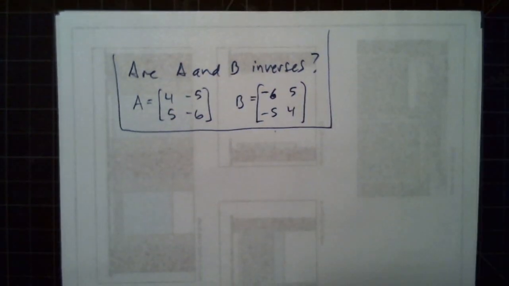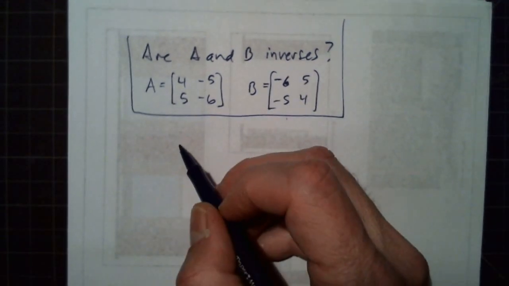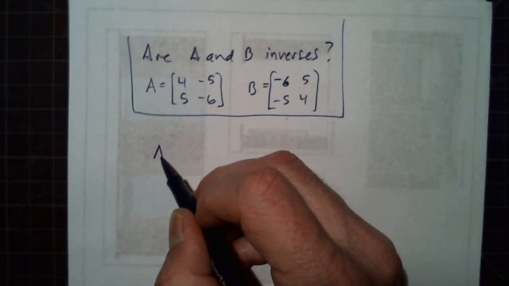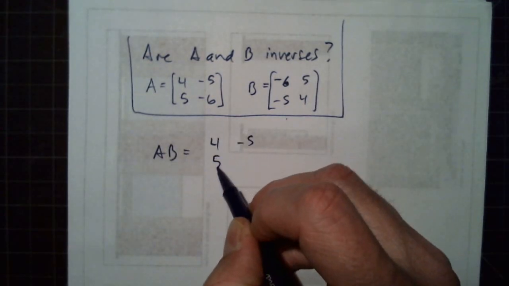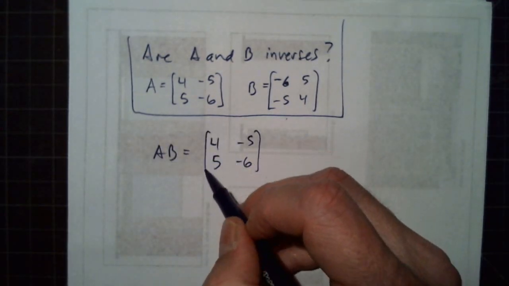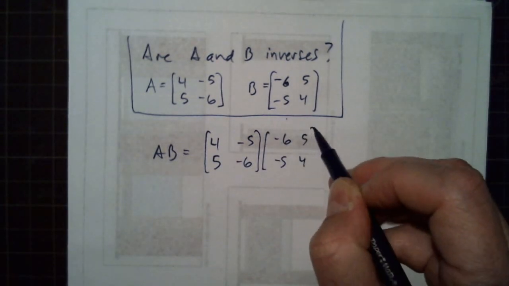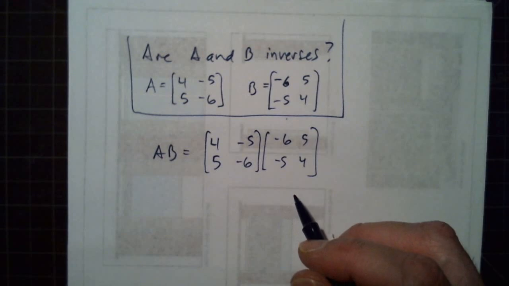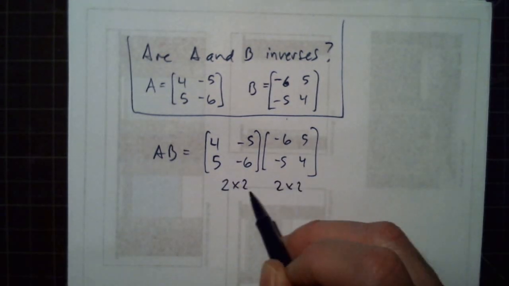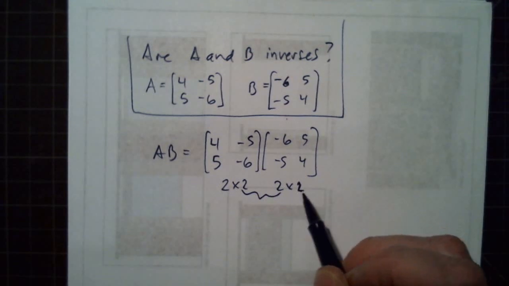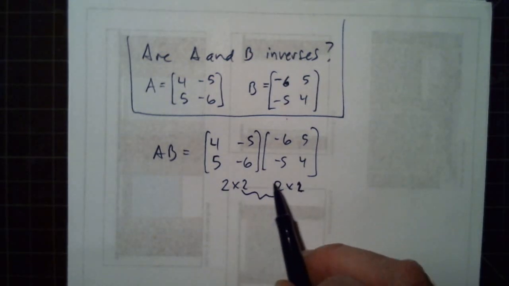If they are inverses, when we multiply them, then we will get the identity matrix. So let's do A times B. And that's a 2 by 2, and there's a 2 by 2. So those are the same. We can multiply, and the dimensions of the product will be 2 by 2.